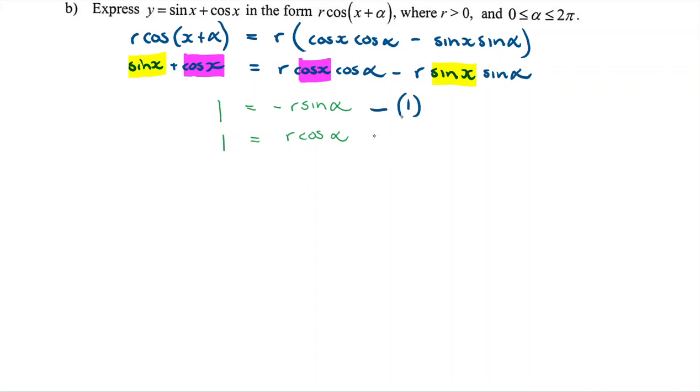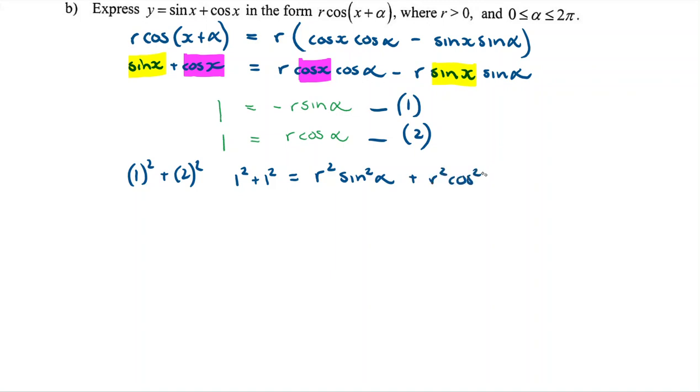Let's do our method. First thing we're going to do is to square them and add them. So equation 1 squared plus equation 2 squared equals 1 squared plus 1 squared plus the negative r squared is going to become positive r squared sine squared alpha and r squared cos squared alpha.